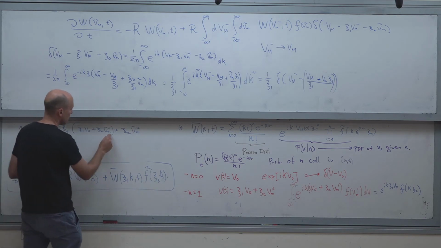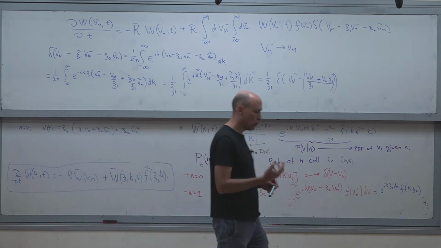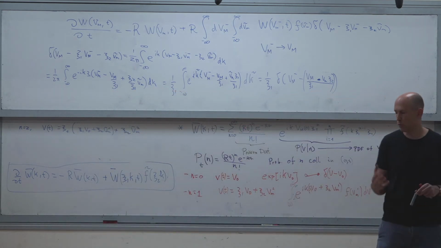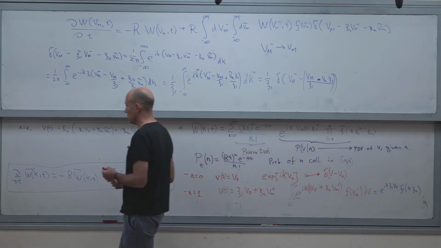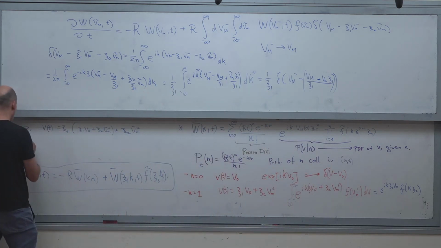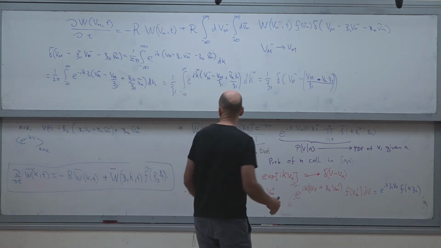And these are independent random variables drawn from the same velocity distribution, given by this function f of v, which again is in some cases Maxwellian. So for n equal 2, this is the conditional probability when you have exactly two collisions.